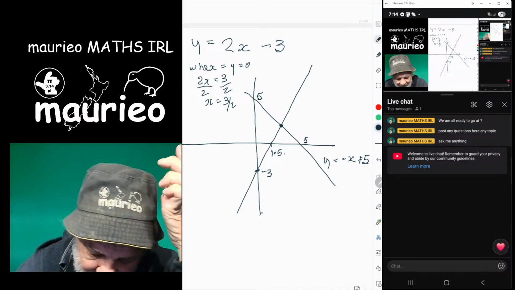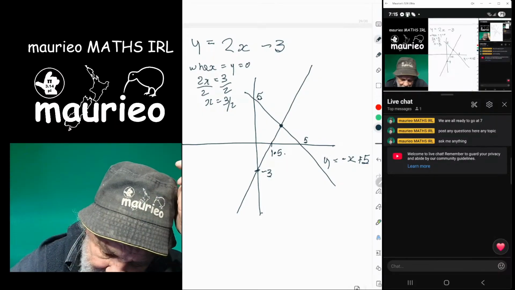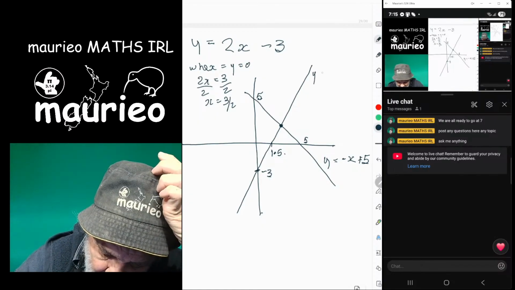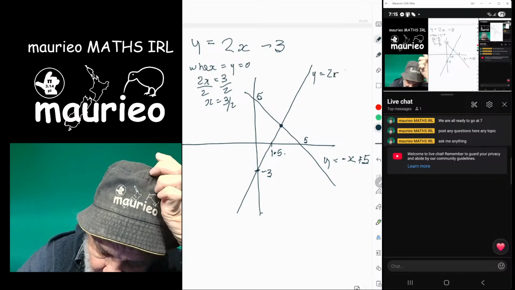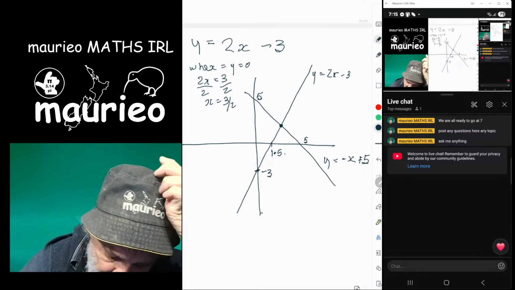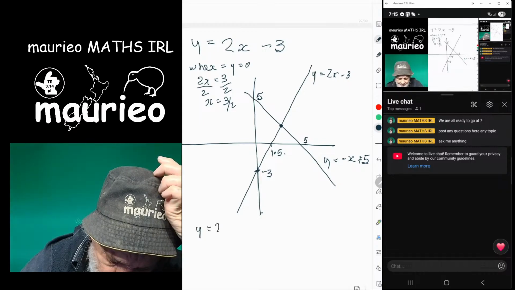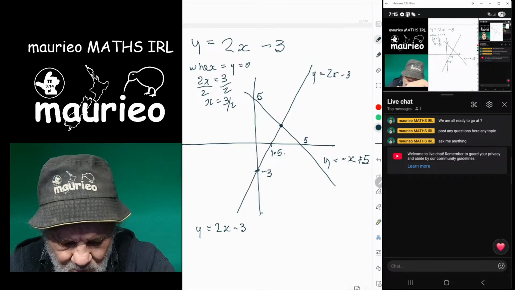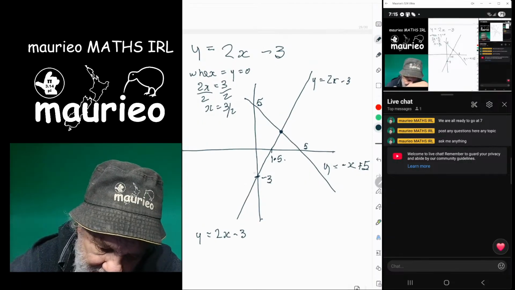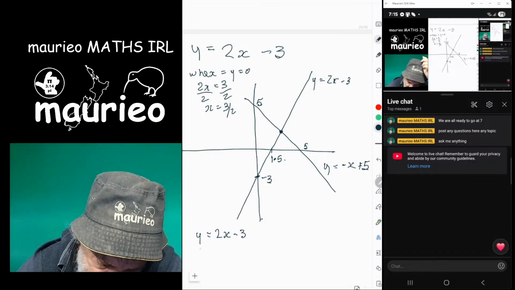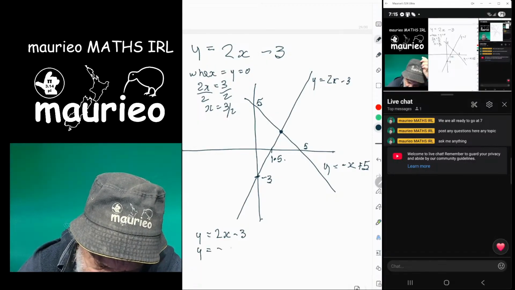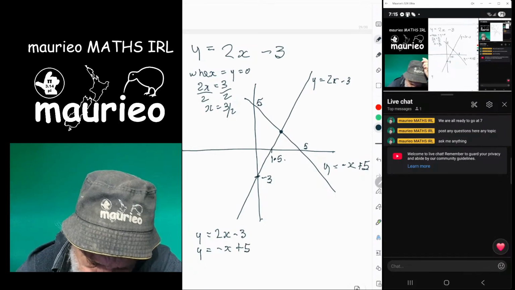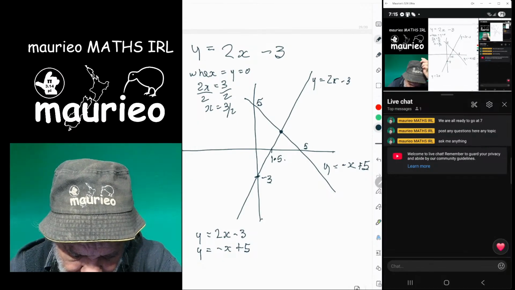Well, at that point, we know that y equals 2x minus 3. We know that because it's on that line. And we also know that y equals negative x plus 5. We know that.